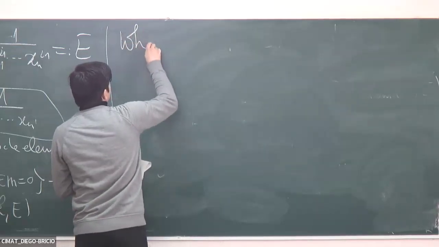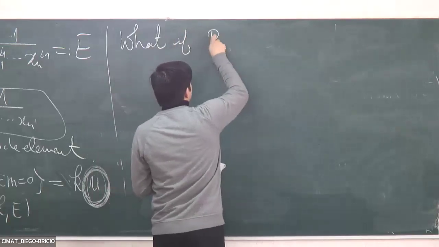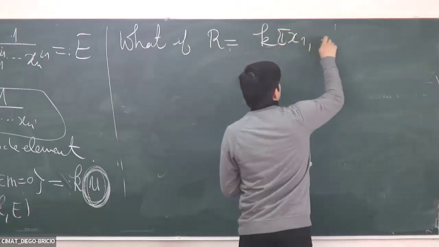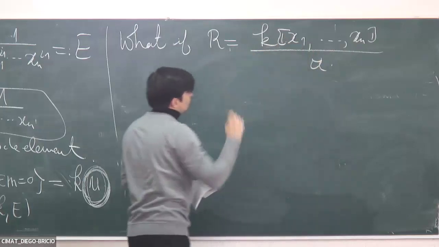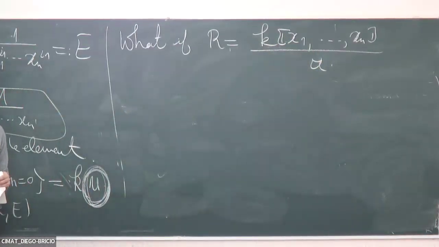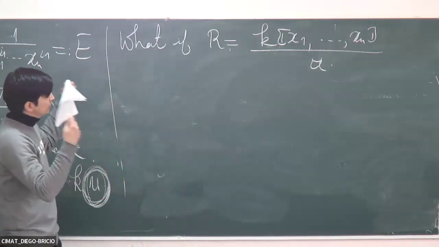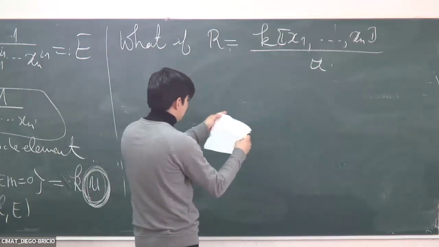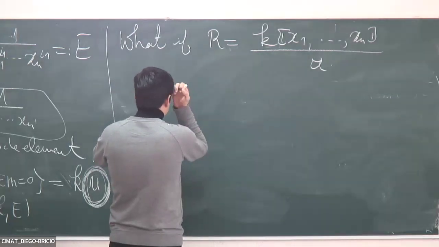What if R equals, let's say, K power series modulo an ideal, which by the Cohen structure theorem is to say that R is a complete local ring? How do you compute the injective hull of the residue field if you have an explicit presentation like that? Actually, it's not so difficult to see what it is.